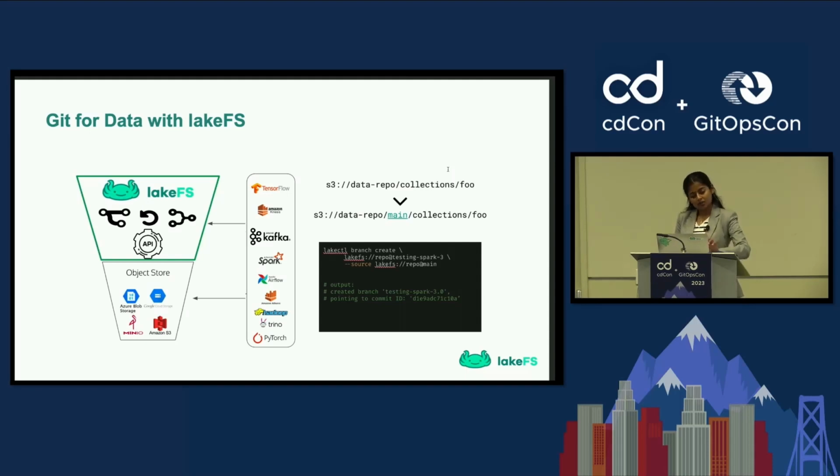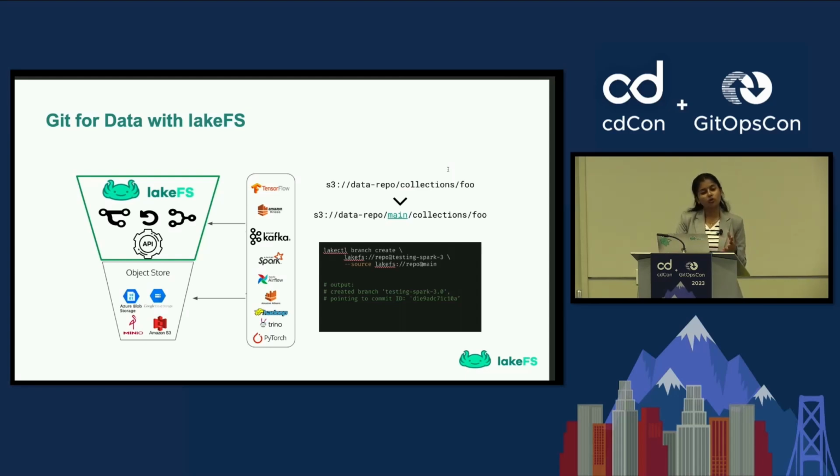LakeFS sits on top of these and provides Git-like APIs: create a branch, commit, merge, or even revert, exactly similar to Git. So you can perform all the operations that you were doing on your source code using Git, the exact same things with LakeFS on your data.